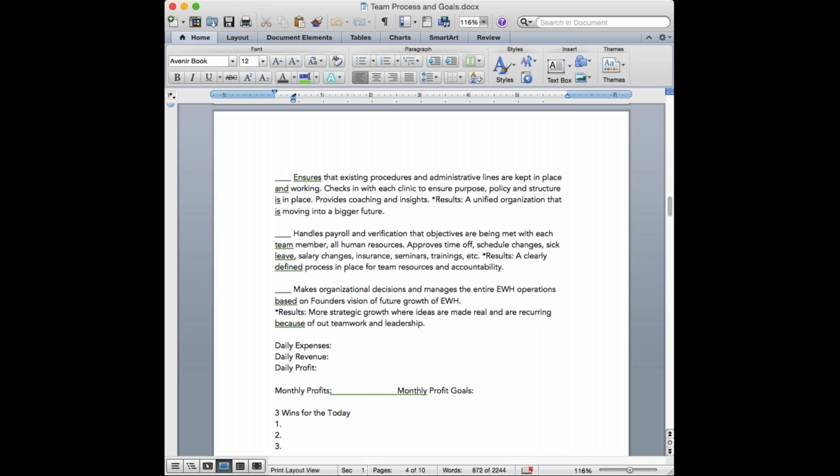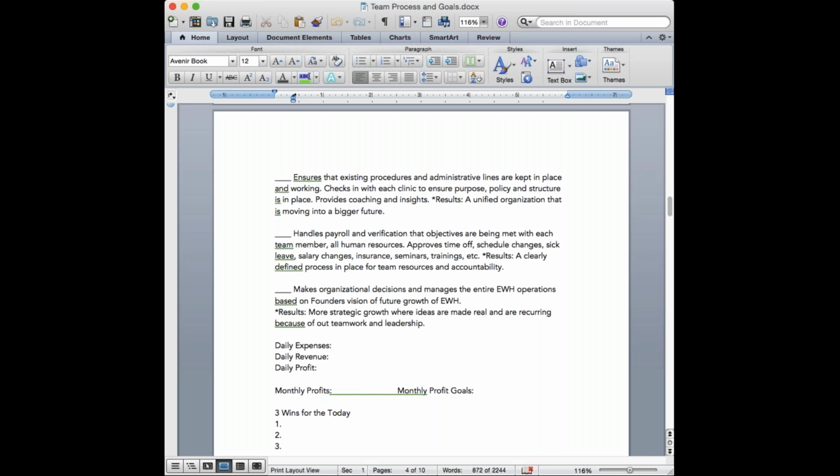So a lot of times we'll set up a policy or some administrative process, and sometimes, for some reason, that falls out. People stop collecting for the initial consultation because this person didn't have the card on them, and so they let it go, and then it just trickles down.